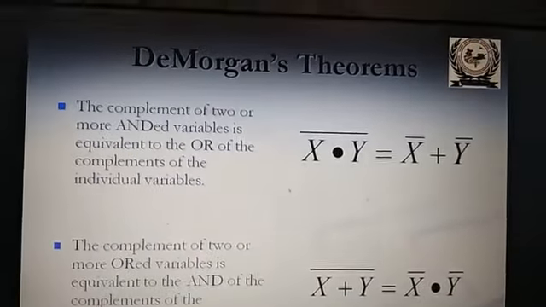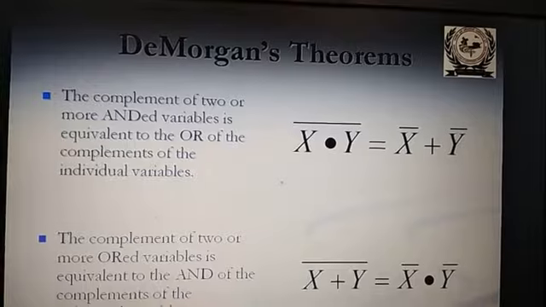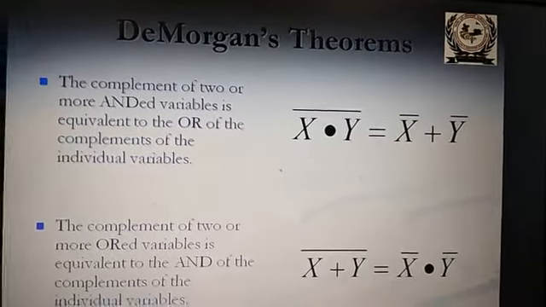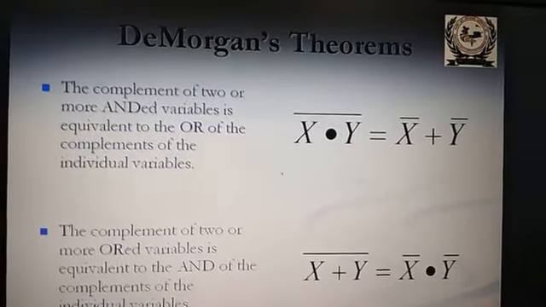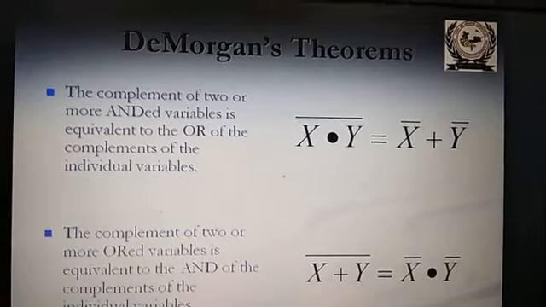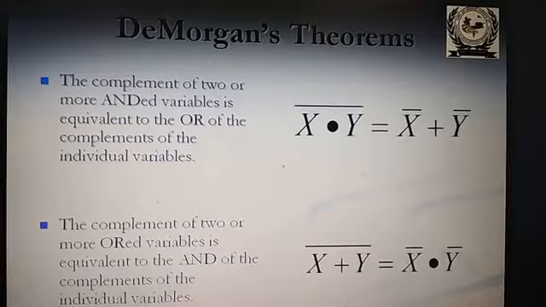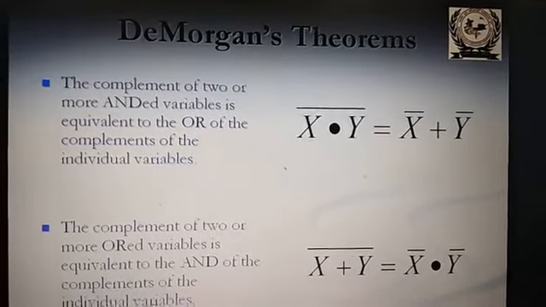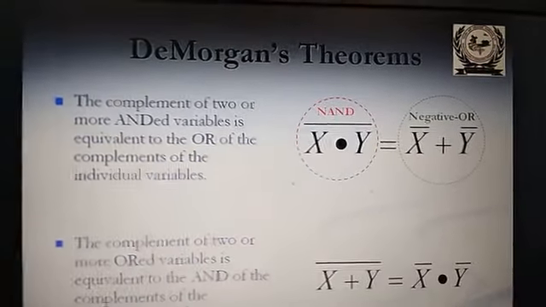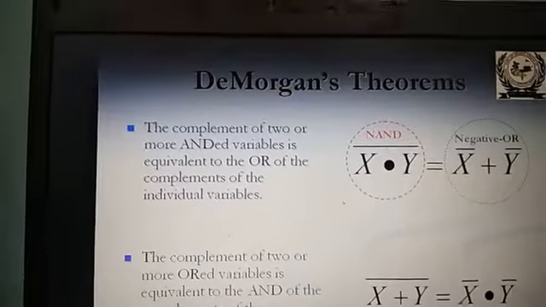So these are the De Morgan's theorems. So a very important thing while solving the Boolean expressions, logical expressions, is that we must know the Boolean algebra and De Morgan's theorem. Right?